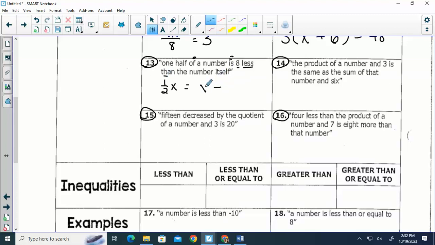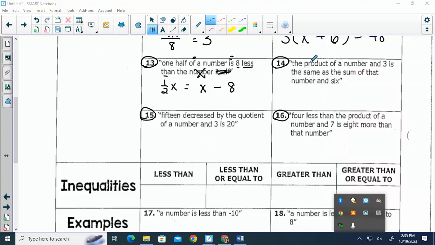So it would be x minus 8. So we have x's on both sides of the equation, just the number. So that's our x. Wait, let me just do 16 real quick.